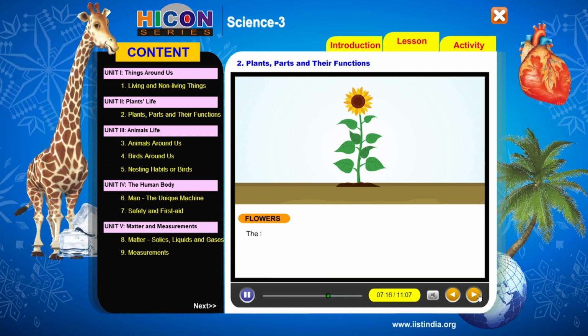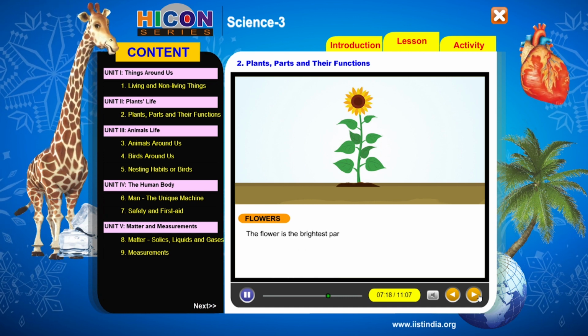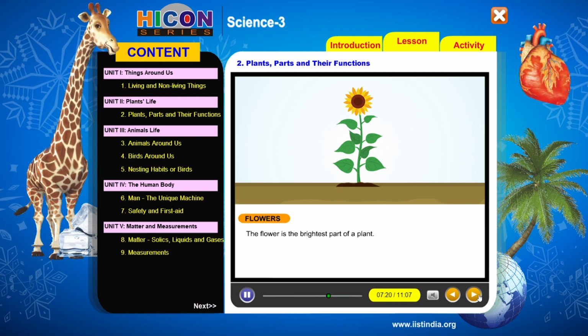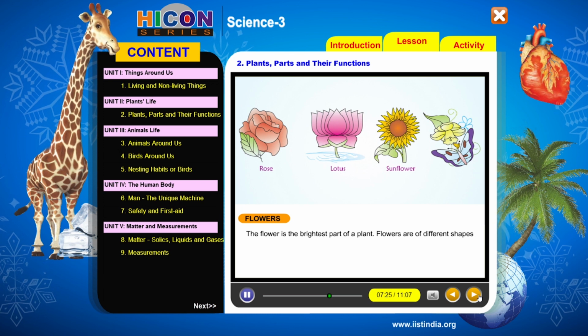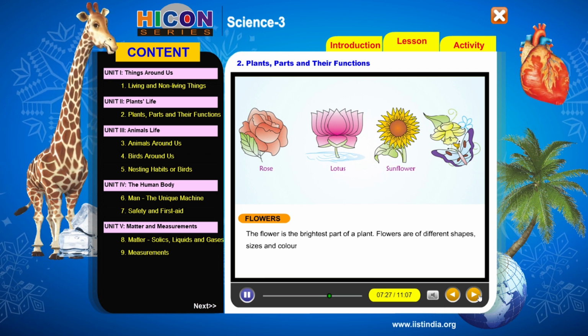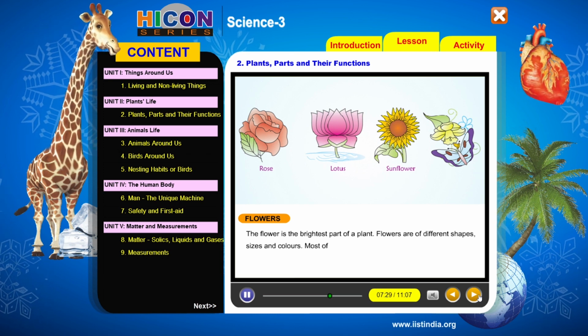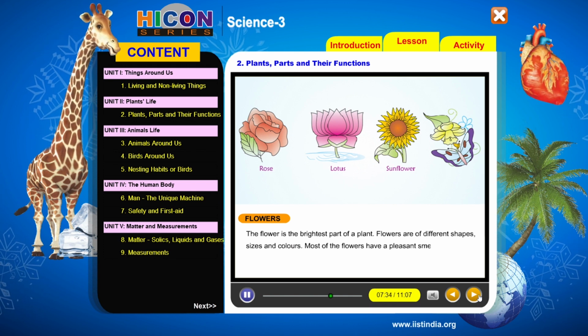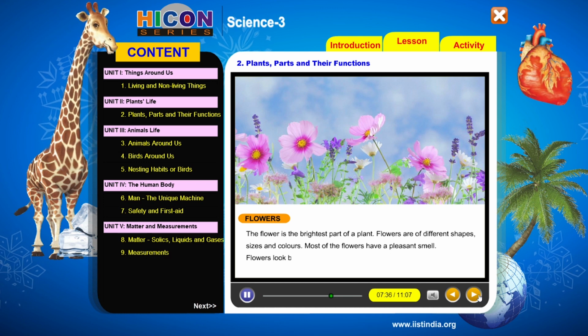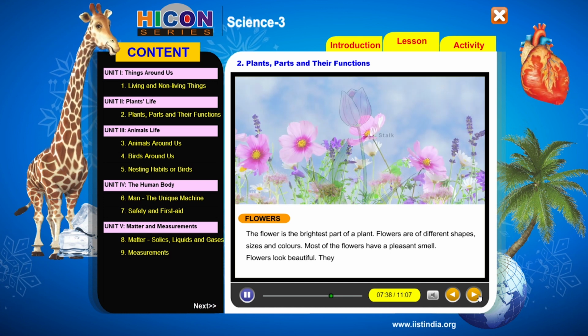Flowers. The flower is the brightest part of a plant. Flowers are of different shapes, sizes, and colors. Most of the flowers have a pleasant smell. Flowers look beautiful.